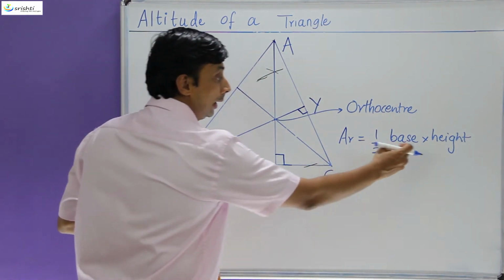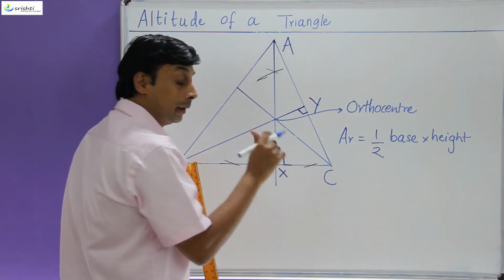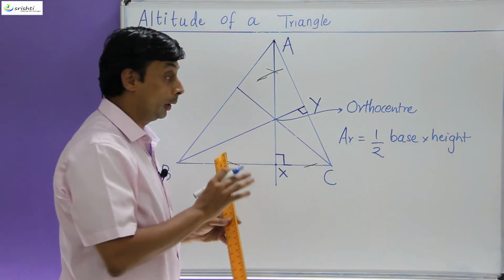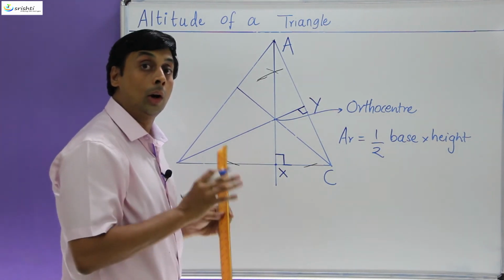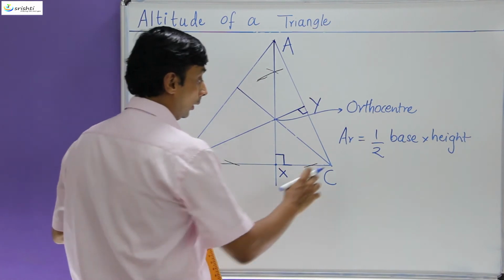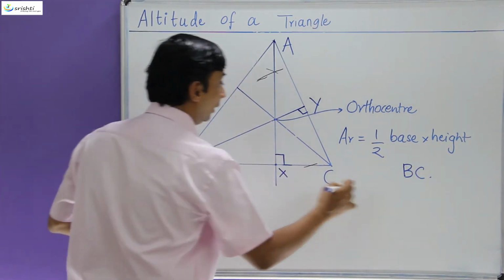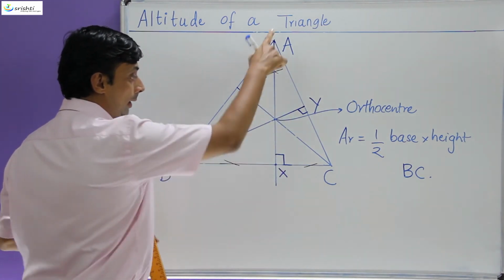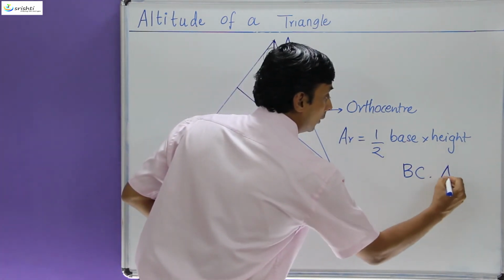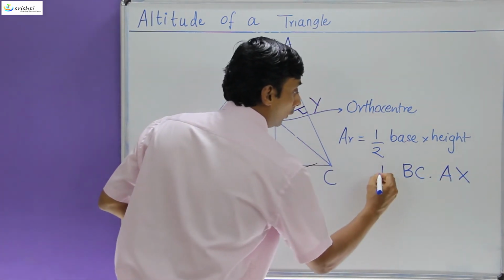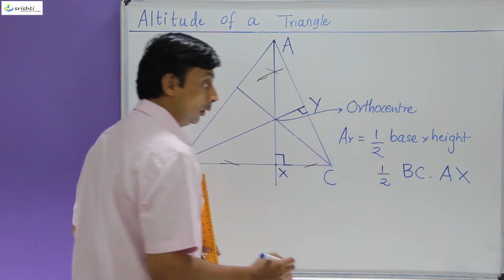Let's write the combinations of base and height. The base and height of the triangle, or base and altitude, always have to be perpendicular to each other. So if BC is the base, then AX is going to be the height. So the area of the triangle would be half into BC into AX.